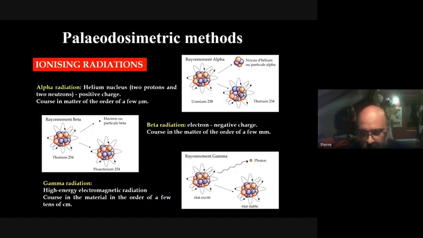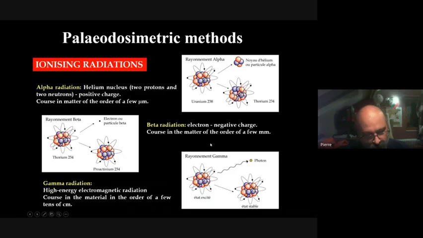And it is possible to determine how many defects are produced in 1 year, how many defects have been produced during all the history of the element we try to date, and if it is possible to determine precisely these two different quantities, it is possible to say since how long the phenomenon occurs. So it gives the age of a specific phenomenon.